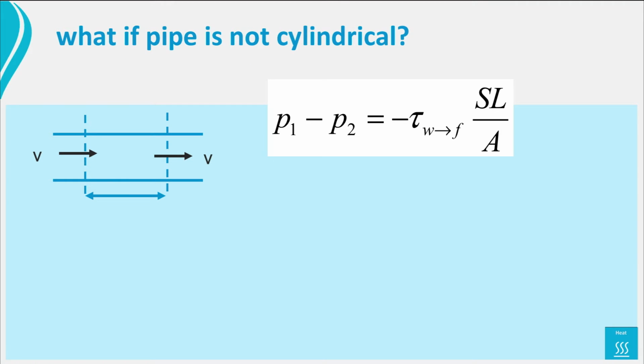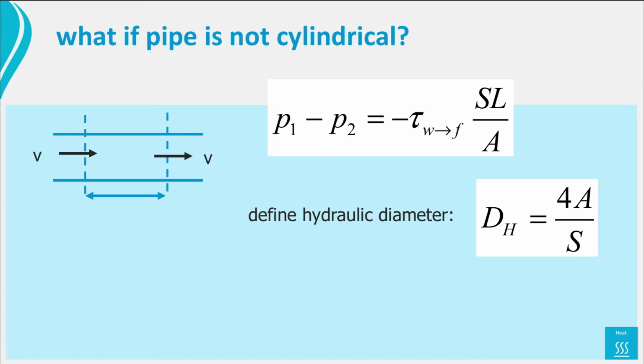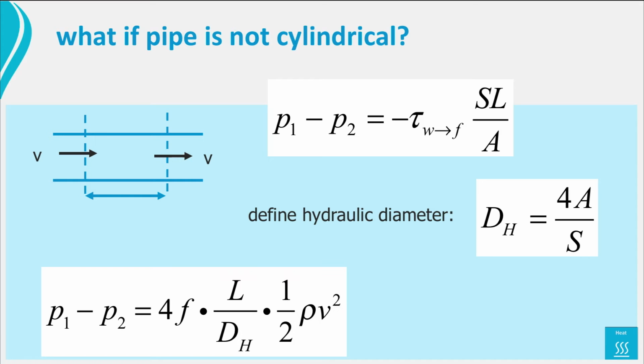There's one more thing we need to introduce to make our pressure drop relation more generic, the hydraulic diameter. It is defined as D sub H equals 4 times the cross-sectional area of the pipe divided by the wetted perimeter. With that we can write our pressure drop relation as delta P equals 4 times L over D hydraulic times half rho V squared.